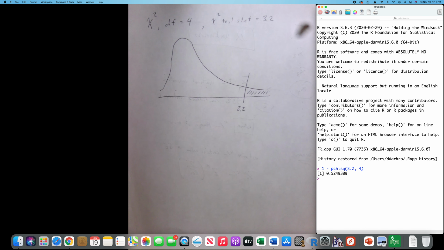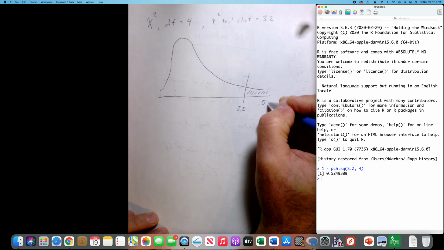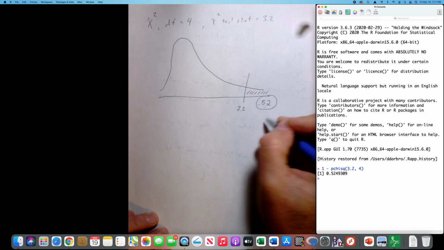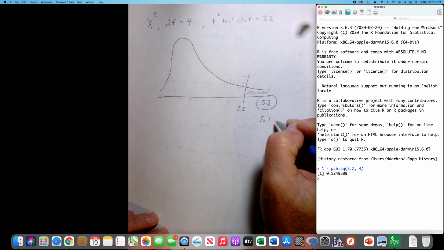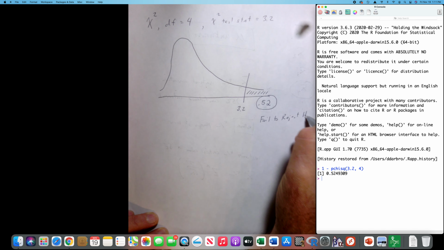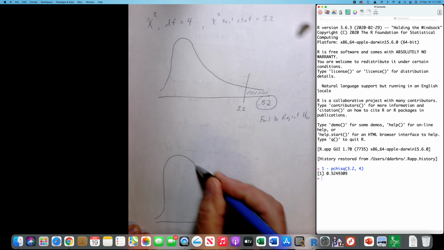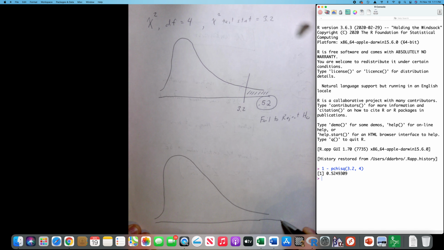So the p-value in this case would be 0.52. So we would fail to reject H sub 0.